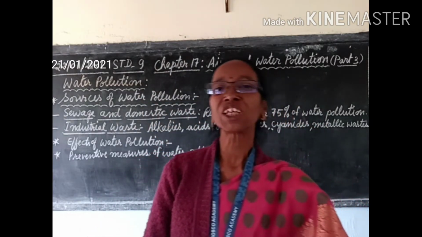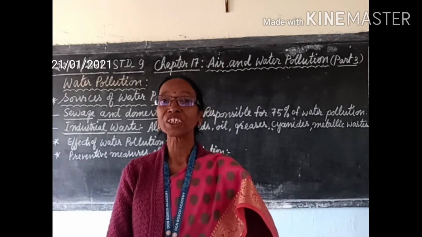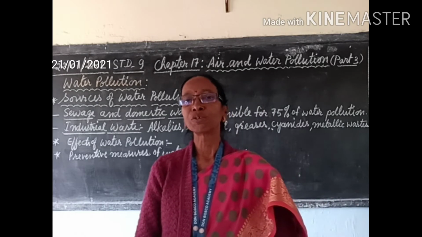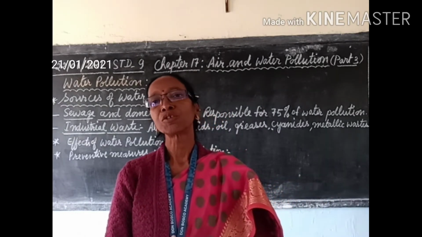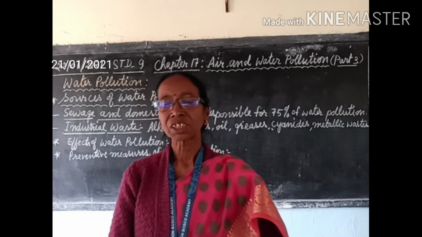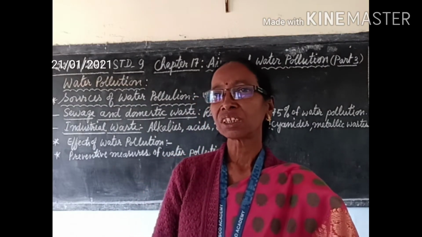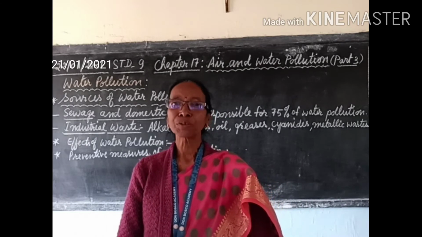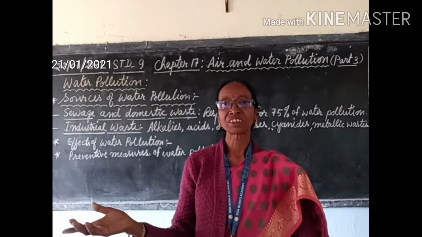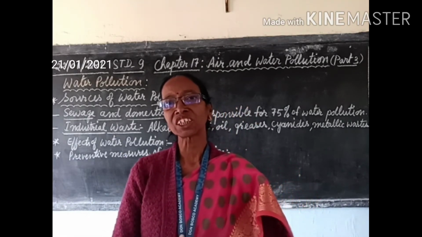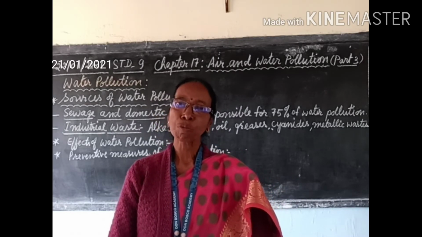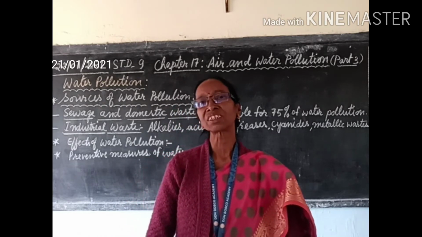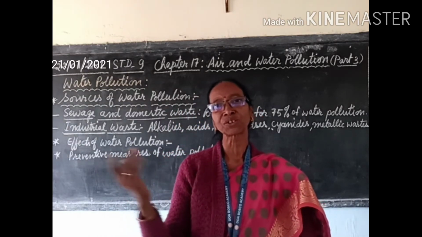So it is very important to reduce pollution in water. Before that, we should know what the effects of this polluted water are. If there is a lot of pollutants in water, and if everywhere there is waste material dumped, and water full of pollution, that increases pollution in the atmosphere also.